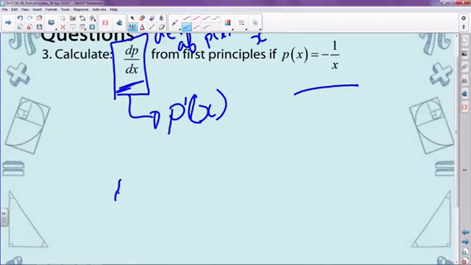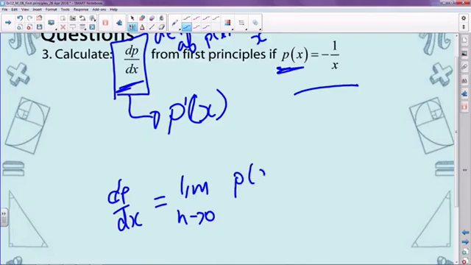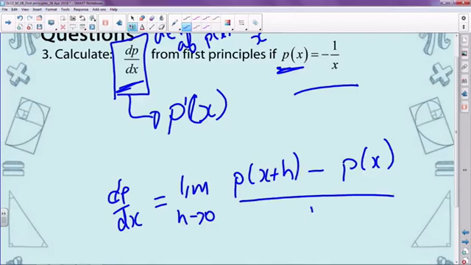I'm looking for dp over dx. Remember, this is not a fraction, it's an operator. It tells us that we're looking for the derivative. So it's going to be the limit as h approaches naught, please don't use f because we're now dealing with the function p. So it's going to be the limit as h approaches naught of p of x plus h minus p of x, all over h.